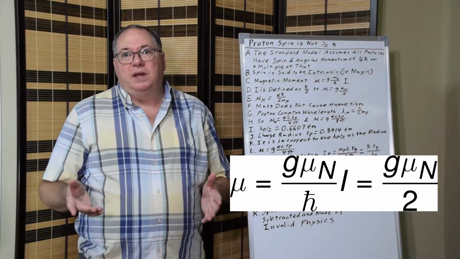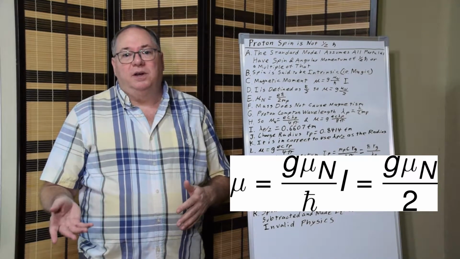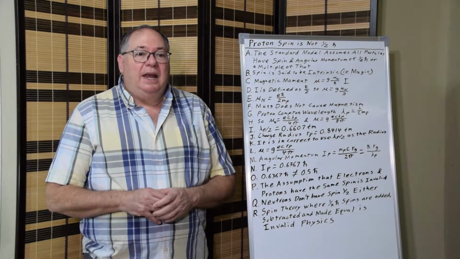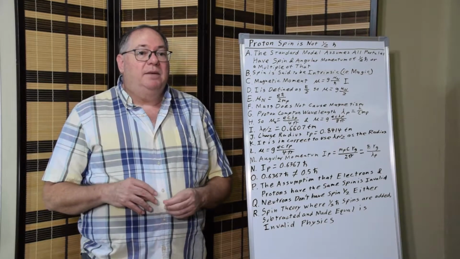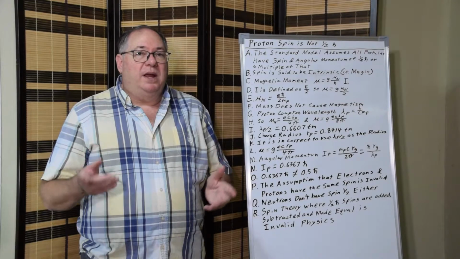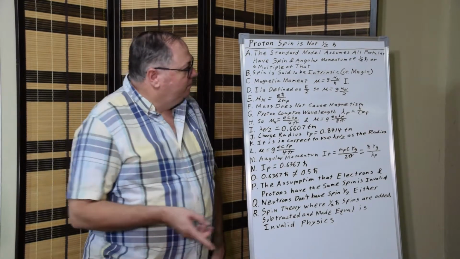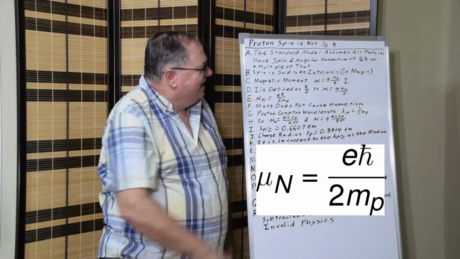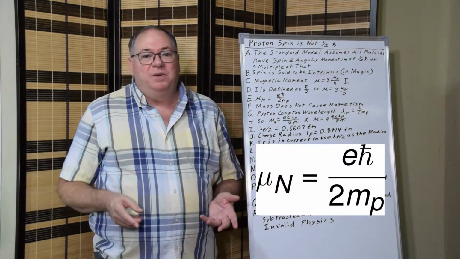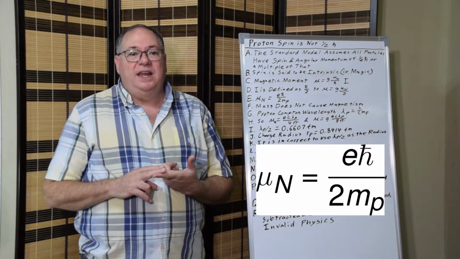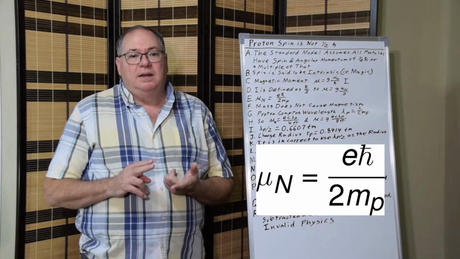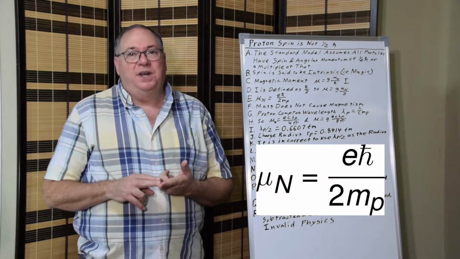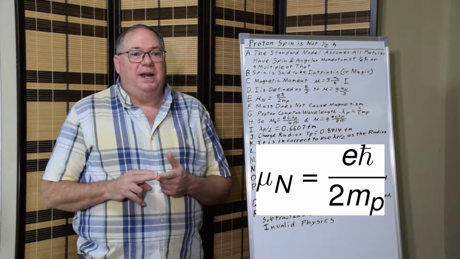So then mu equals G times the nuclear magneton divided by 2. And so then we can look at the nuclear magneton. And that equals the electric charge e times h bar divided by 2 times the proton mass, 2mp.